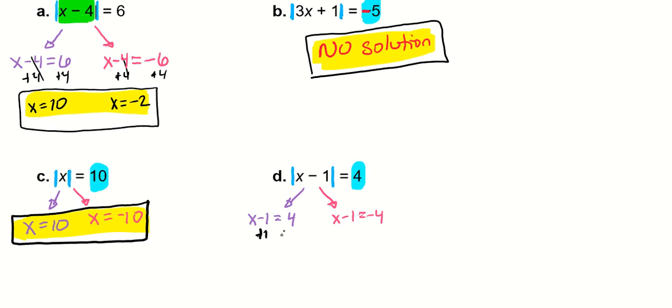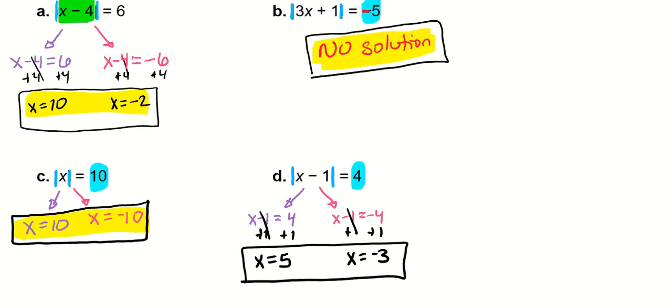Then we're going to add 1 to both sides over here and get our x by itself. We're going to add 1 to both sides here, get our x by itself, and we have our two solutions. So here we see that x equals 5 and x equals negative 3, and we're finished.